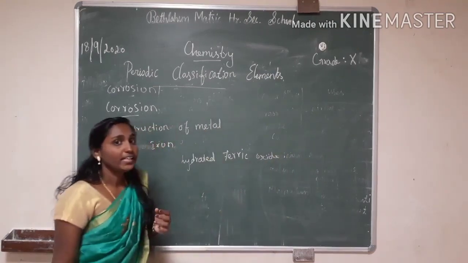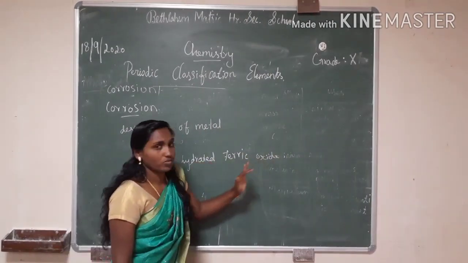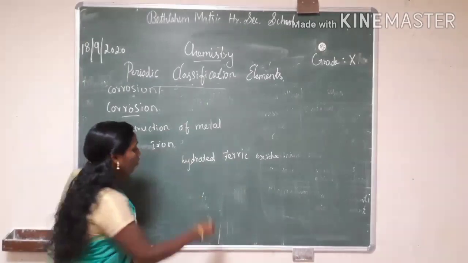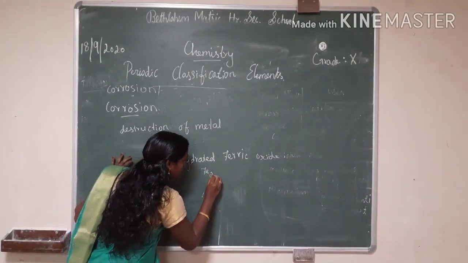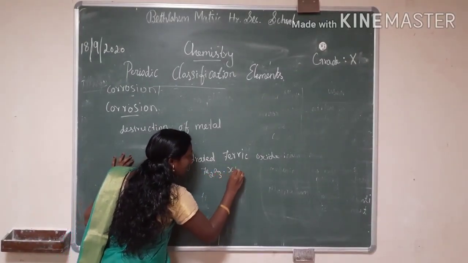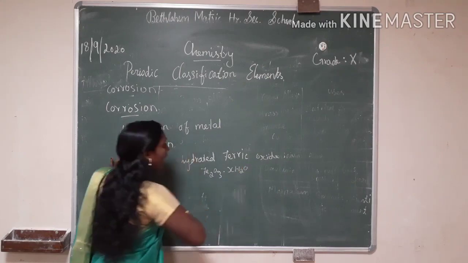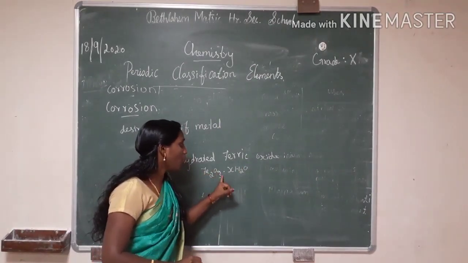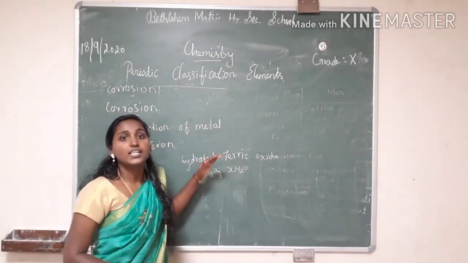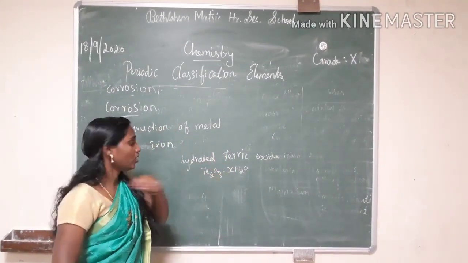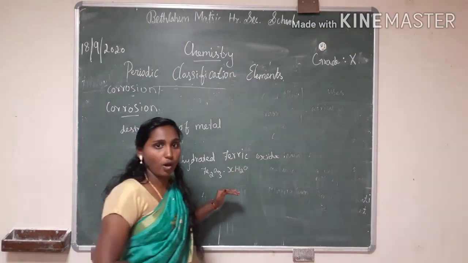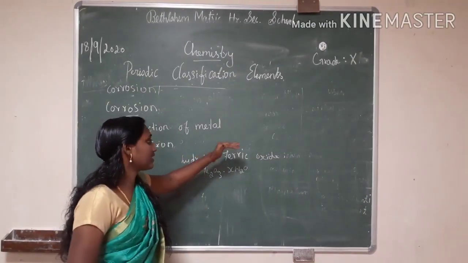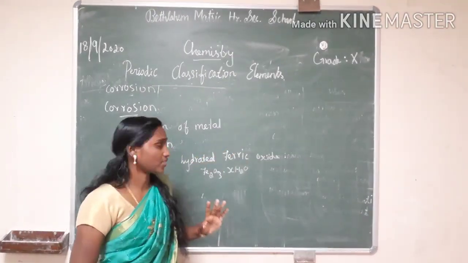It is chemically known as hydrated ferric oxide. The formula of hydrated ferric oxide is Fe2O3.xH2O. This is called rust. It is brown in color.